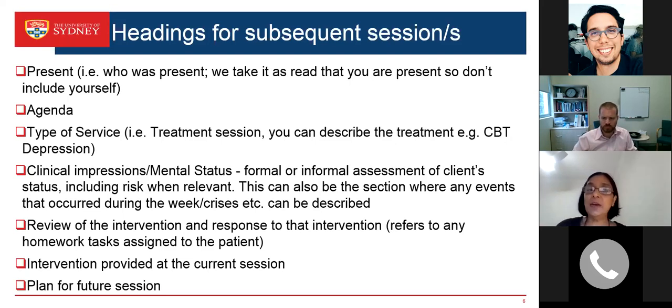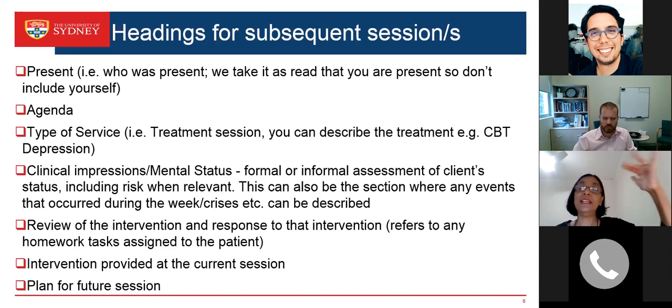So the notes thereafter really just follow these pretty standard headings, which is, well, who was present at the session? Students are particular about writing that they were present, but we take that as read. So you don't actually have to write that you were present, because you were there and you're the one writing the note.